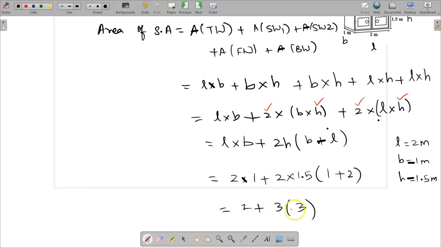So the first term is 2, the second term is 3 into 3, which is 9. So 2 plus 9 is 11. And what about the unit? It is meter into meter, which means meter square. So this is the total surface area of this problem except the bottom of the cabinet: 2 plus 9, which is 11 meter square.